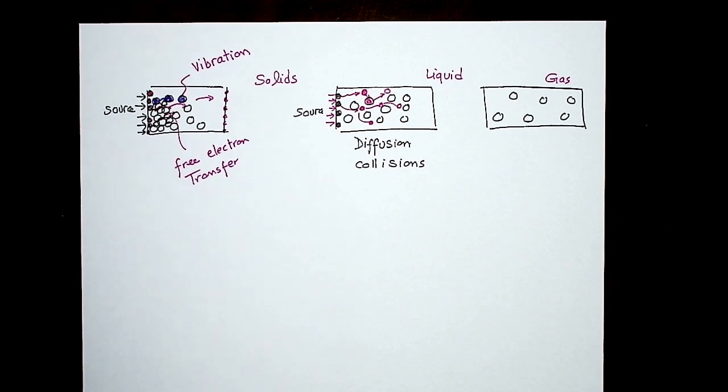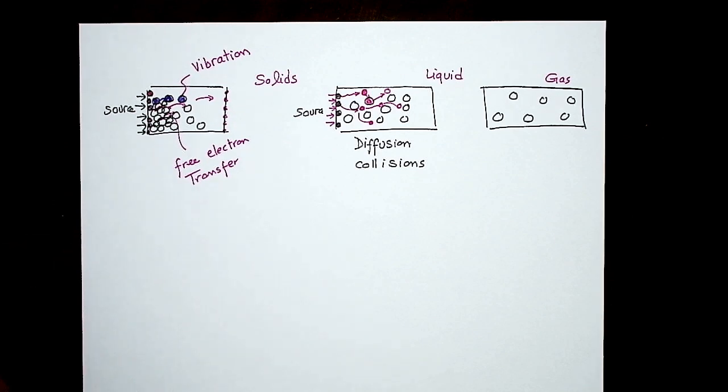But they don't have diffusion. They cannot move, right? They do move over a very long period of time, but we're looking at classical study. We're not looking at hundreds of years to see the molecules of the glass go from the top to the bottom, right? This is a very common problem here.